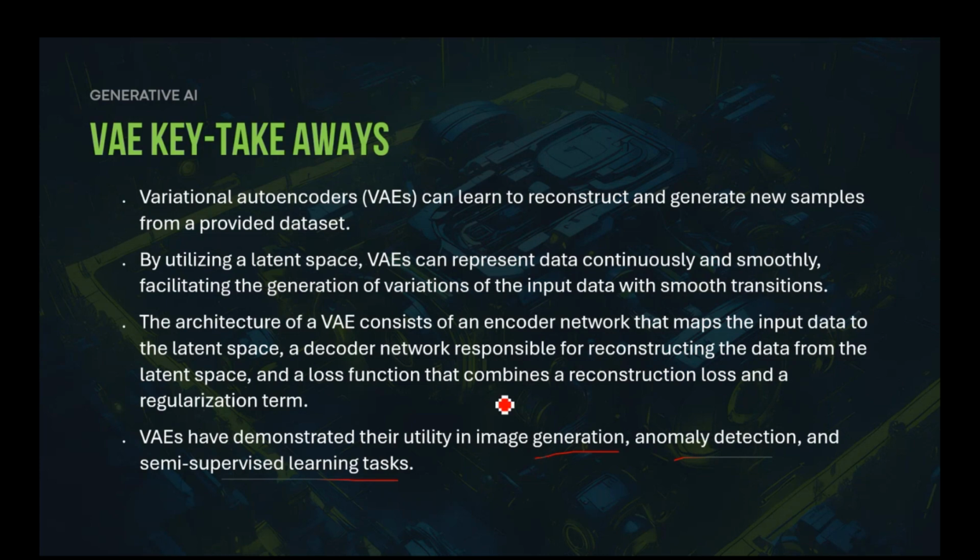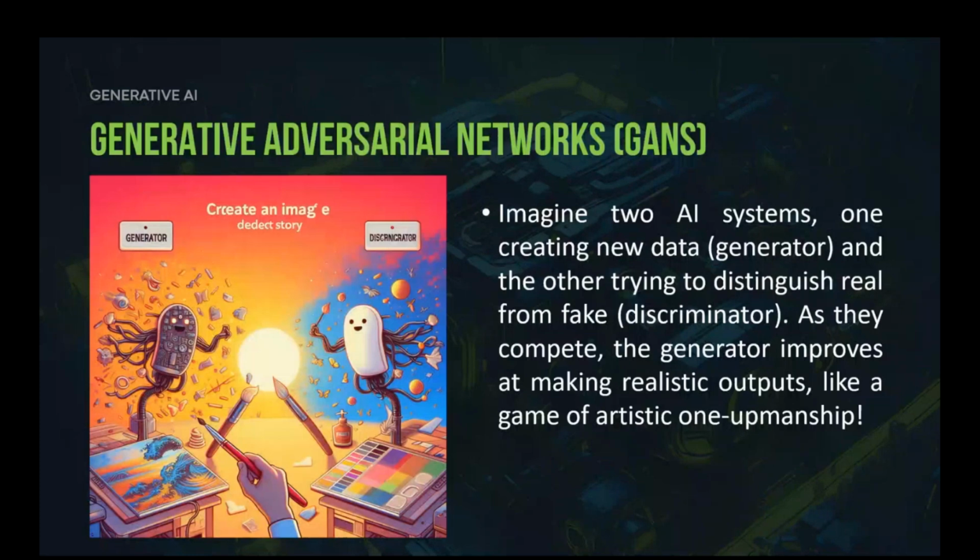The next one we're going to talk about is called the generative adversarial network, or GAN. Again, I'll tell you a story and we will compare this with the story. Let's say there are two talented bakers in a town. We'll call them Jenny and Andy.